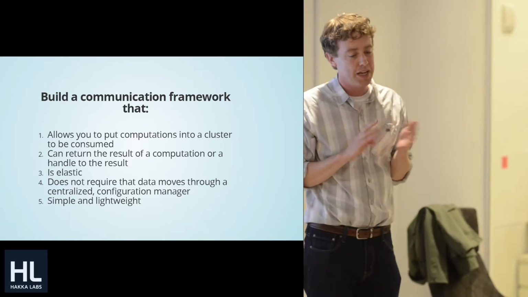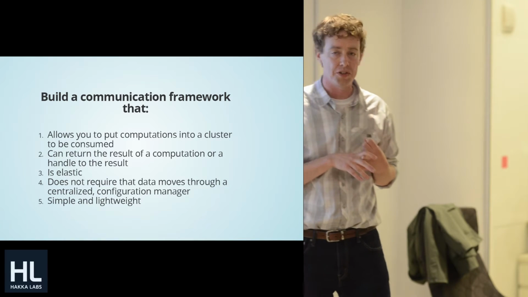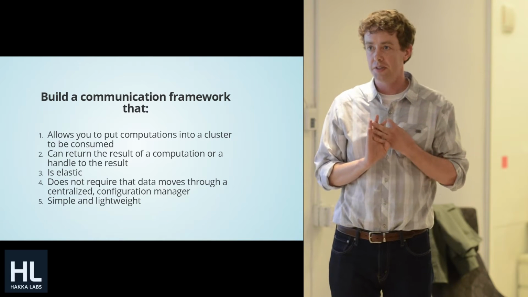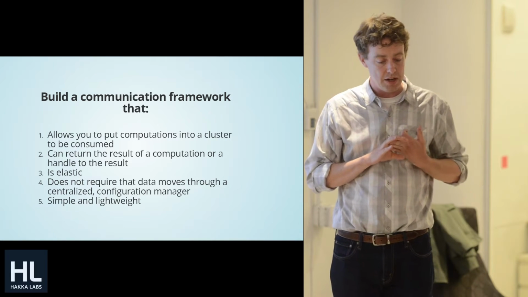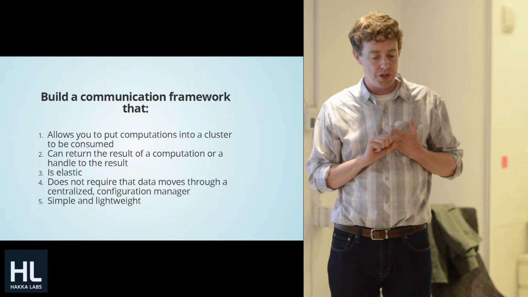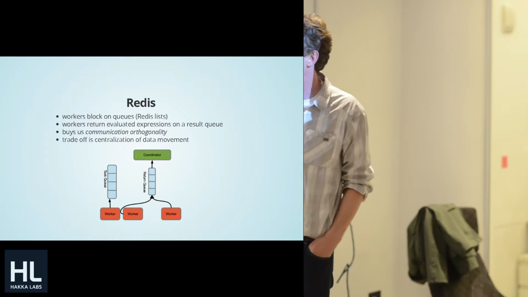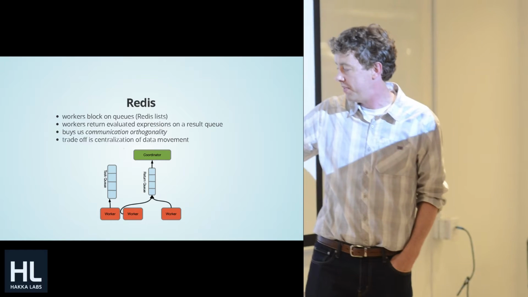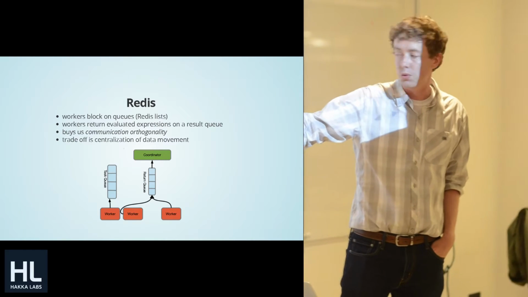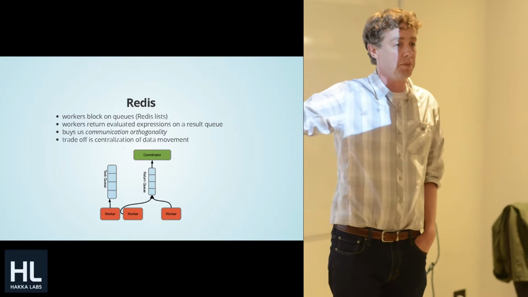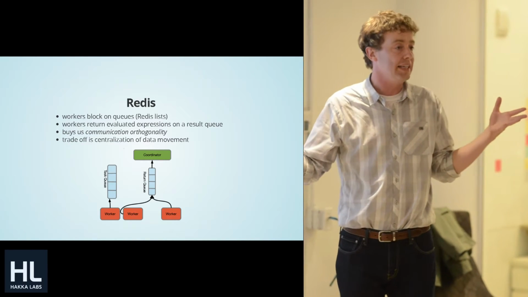All right, so again, with MPI, you get really good performance, and you get these really nice peer-to-peer connections. With a piece of software like Redis, you get communication orthogonality, which essentially gives you elasticity. So let me back up. One of the nice things about this is because the coordinator and the workers aren't directly tied, I can add workers to my task queue at any time, right? So I can scale out really easily.